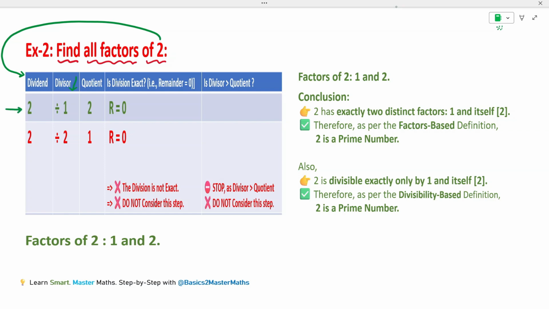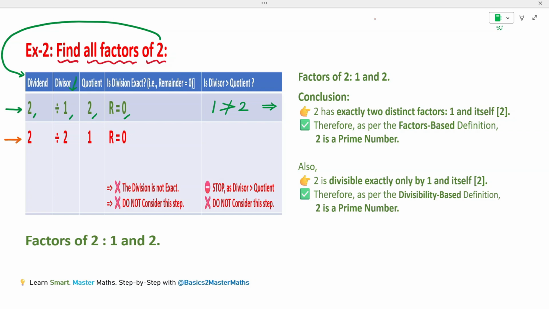Here, when we divide 2 by 1, we get 2 as the quotient and 0 as the remainder. In this case, the divisor is 1, which is not greater than the quotient 2. So, continue to the next step.